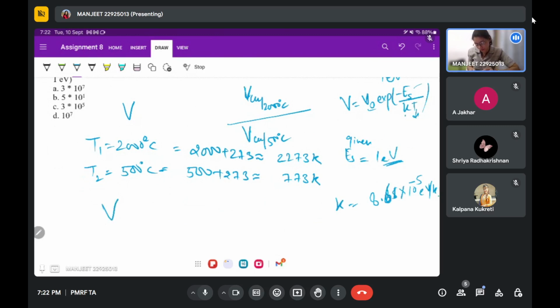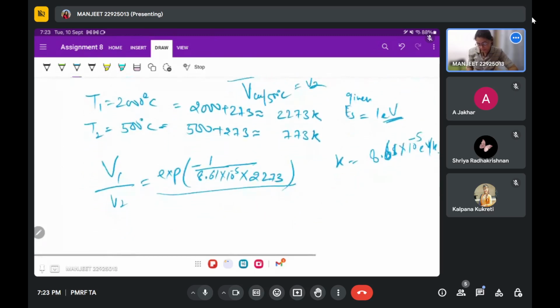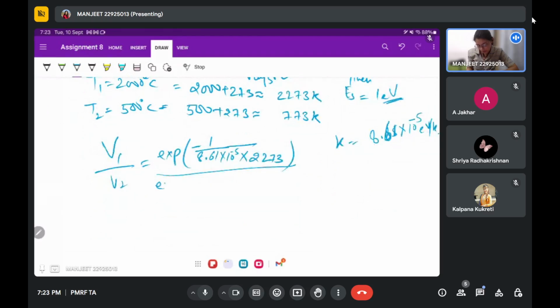If I represent the one at 2000 as V1 and the other as V2, then V1 by V2 will be the exponential of minus 1 divided by 8.61 into 10 raised to power minus 5 into 2273, divided by the exponential of minus 1 divided by 8.61 into 10 raised to power minus 5 into 773. Okay, now you have to solve this.